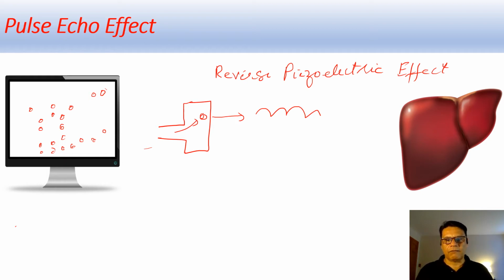And when these pulses come back in the form of echoes, these echoes put a pressure on these crystals and electric current is produced. This is called the piezoelectric effect.